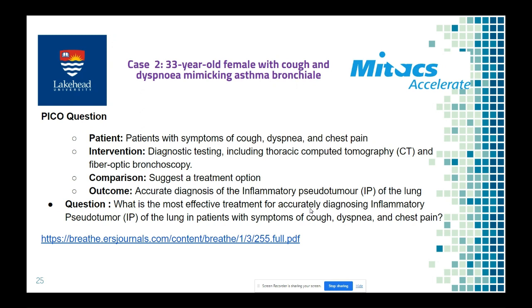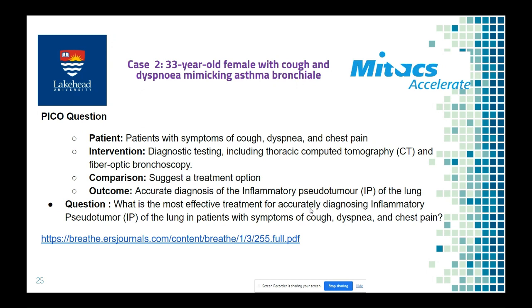If we talk about the comparison, we are looking for treatment options for this particular condition, and our outcome would be diagnosis of the inflammatory pseudo tumor of the lung.